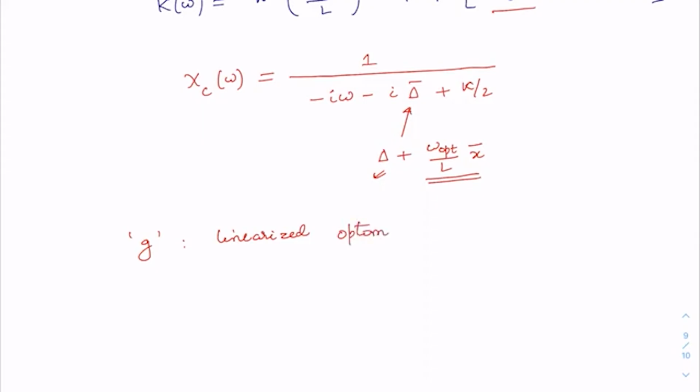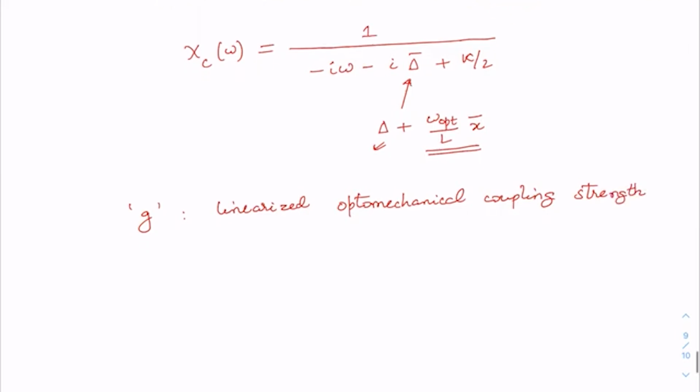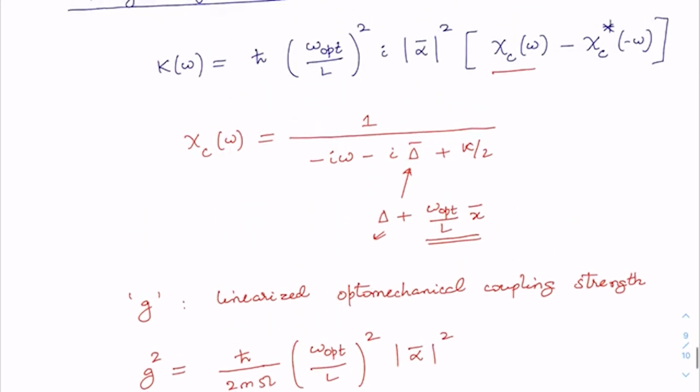You will see that this is going to be a very, very important parameter, and this is defined as z square is equal to h cross divided by twice m capital omega, times omega optical by L whole square, then mod alpha square. This is what z square is.